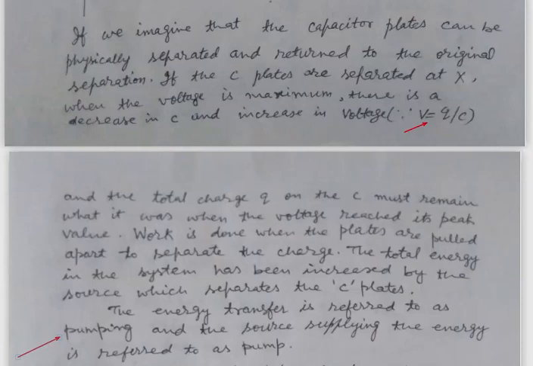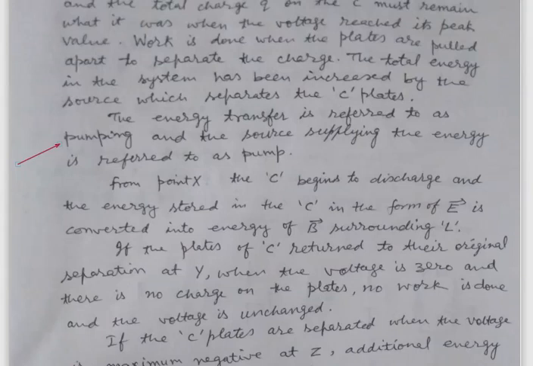Now further, when the capacitor plates come to their normal size by the physical mechanism, and the capacitor starts to discharge, the energy stored inside the plates in the form of the electric field is now converted into the magnetic field energy surrounding the inductor.